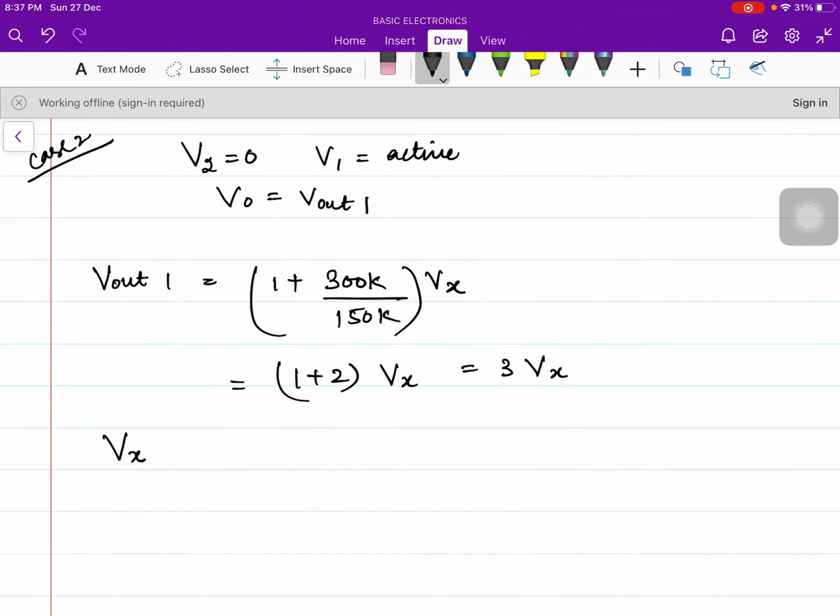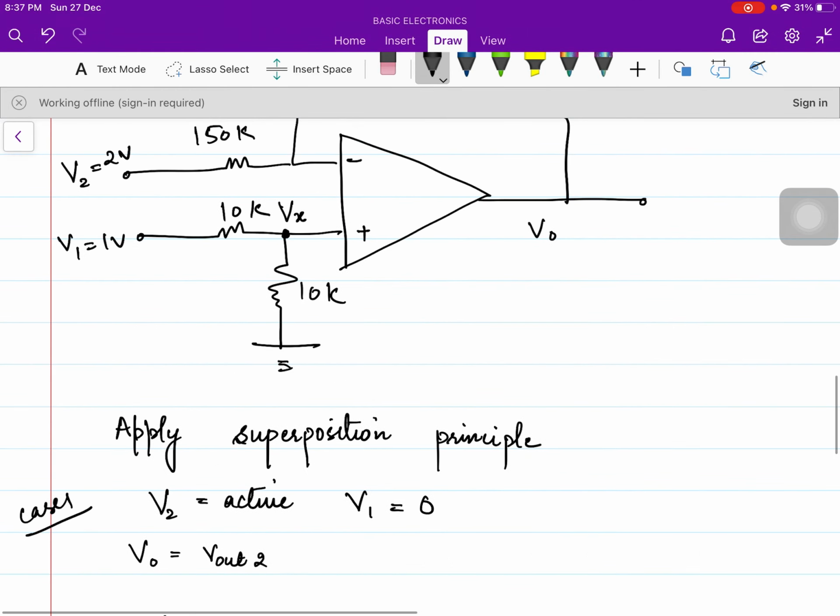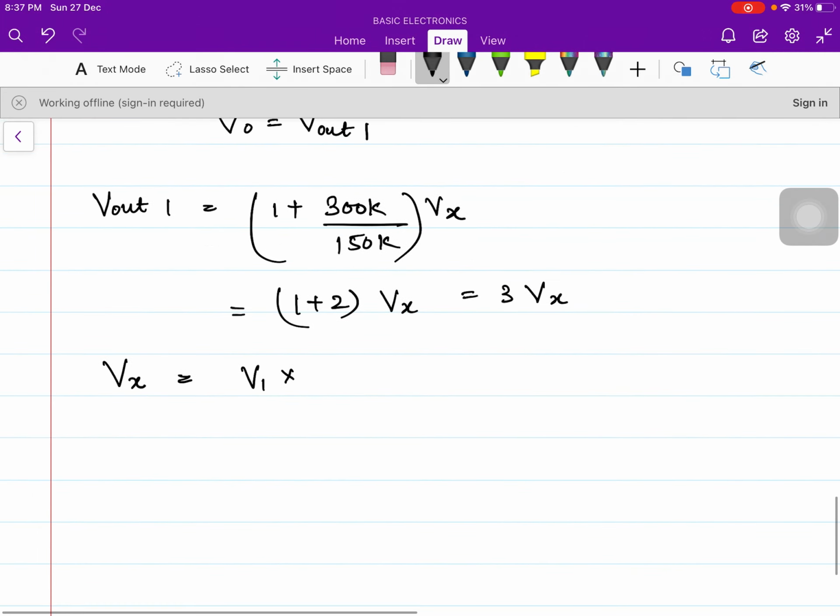Now what we have to do is calculate this Vx in terms of V1. We apply the voltage divider rule, as the 10K and 10K resistors are in series and Vx is the voltage across only one of them. When two resistors are in series and we have to calculate the voltage across only one, we apply the voltage divider rule.